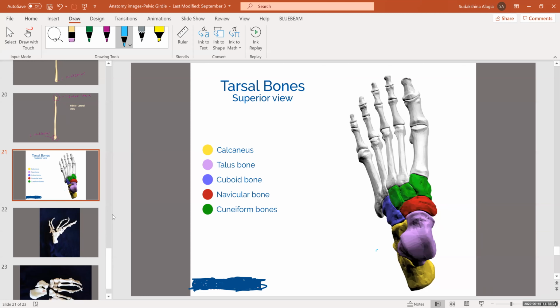The 2 larger bones are the calcaneus and the talus. Calcaneus is what makes up your heel. Talus is what makes up your ankle. Talus articulates with the tibia.